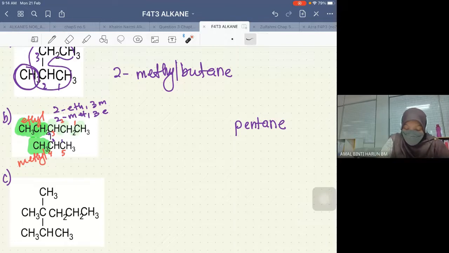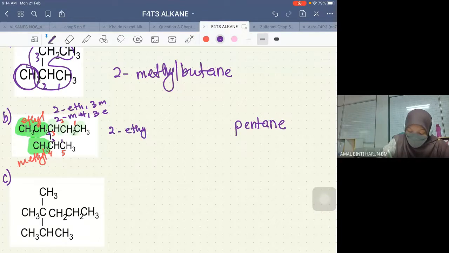Okay, daripada mana pun sama. 2 plus 3 is 5. Dia punya prefix 2 plus 3 pun sama juga. But in terms of the arrangement of the prefix, we have substituent ethyl and methyl. So ethyl is E, alphabetical order. So ethyl comes first. So it should be 2-ethyl, and then 3-methylpentane.